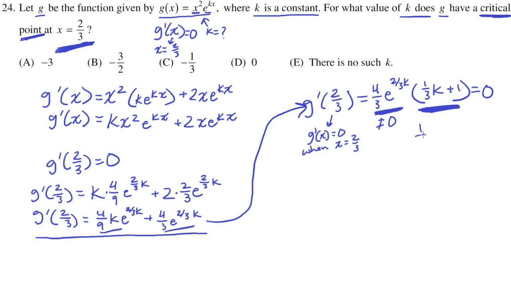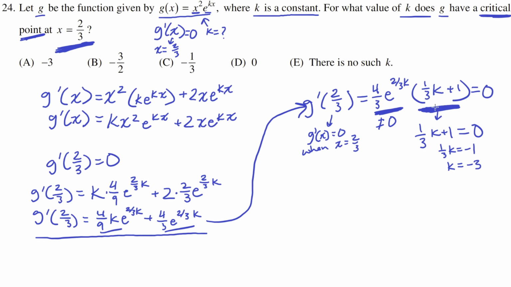So let's look at this here. We have 1/3 k plus 1. To see when this term equals 0, we set it equal to 0. So we'll have 1/3 k equals -1 if we move this to the other side. Then let's multiply both sides by 3, so we get k equals -3.